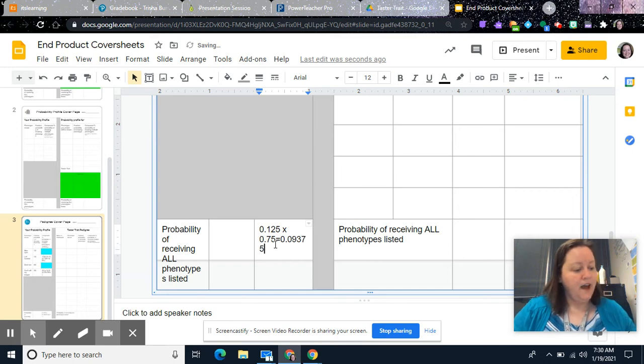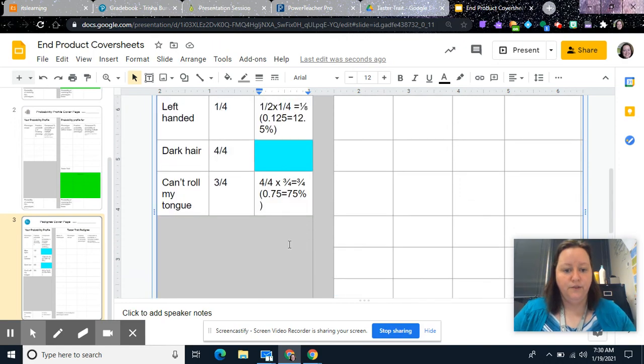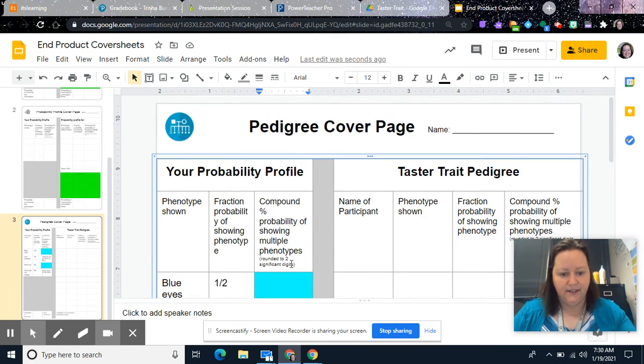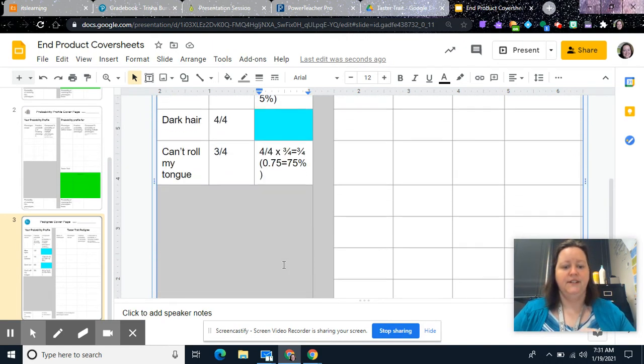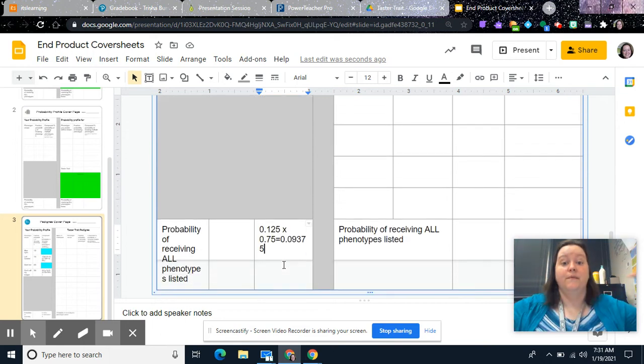I have a compound probability of 0.09375. Then it says you only have to go to two significant digits. You'll see it says here, round to two significant digits. It's because sometimes these are going to be really tiny numbers, like 0.000000725 or something. All of those zeros are important, but everyone's is going to be different.